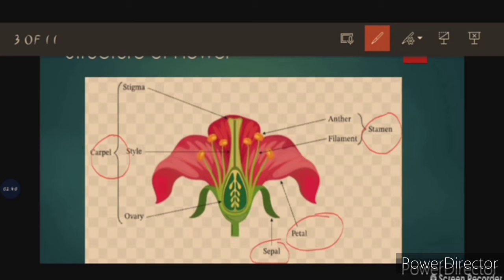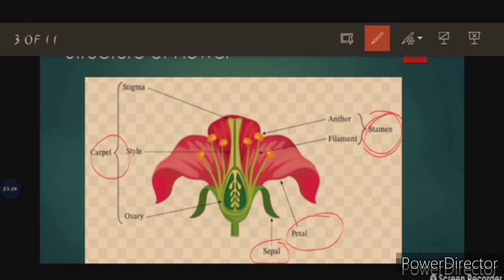Now see here, in the colorful flower, we can see reddish, bright colored petals. This is the first whorl of the flower. Then sepal, the greenish leaf-like structure present below the petal, is called sepal. Androecium, the individual unit is called stamen.